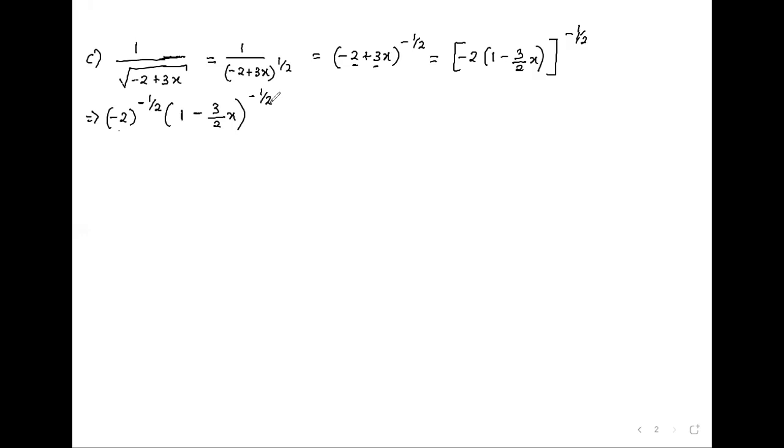Now we can't expand this one, this one will just keep waiting. So pay attention to this one here in our expansion. So say we have -2 to the power -half. And then we now expand this.